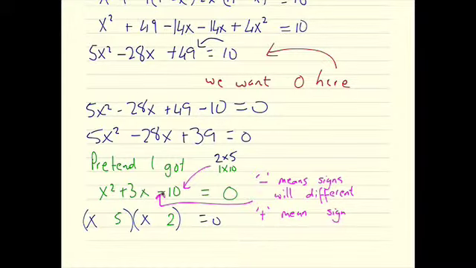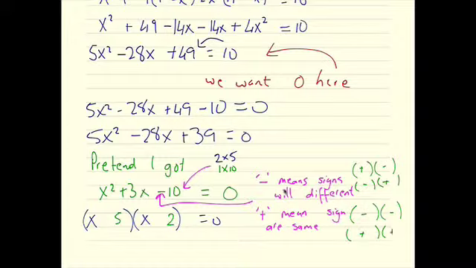If I have a minus here, it means the signs will be different. When I say different, I'm talking about, if I have my two brackets, plus or minus, or minus and plus. We don't know yet. If I'm talking about the same, I'm talking about minus and minus, or plus and plus. That makes sense, yeah?